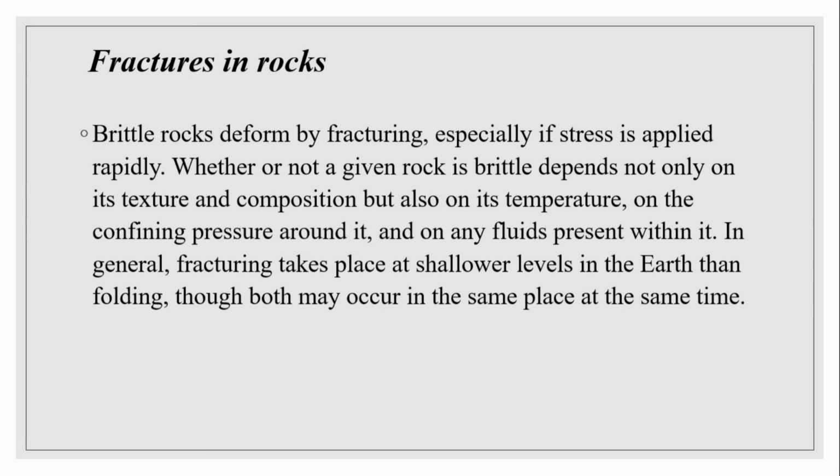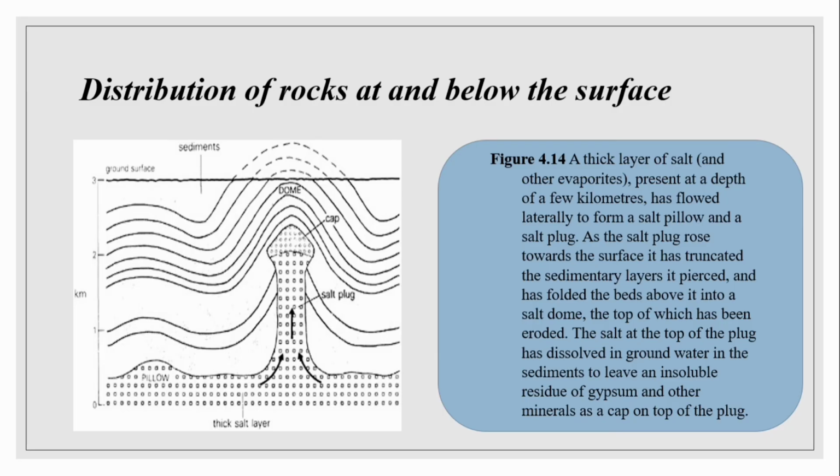A rock's brittleness is influenced by the texture and composition of the rock, as well as its temperature, its surrounding pressure, and any fluids that may exist within. While both folding and fracturing may occur at the same time at shallow levels in the earth, in general, fracturing occurs at shallower levels.